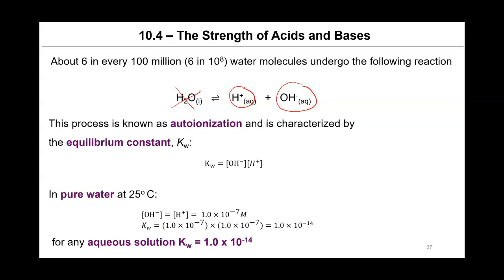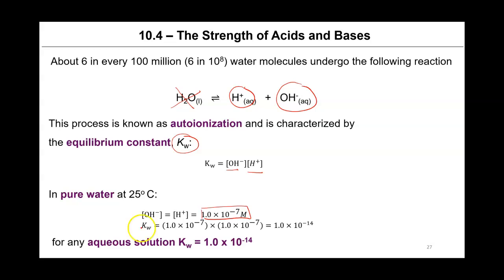The autoionization constant of water, the equilibrium constant describing this process, is normally called Kw, and so Kw will equal the hydroxide ion concentration multiplied by the hydrogen ion concentration. Now in pure water, the hydroxide ion concentration and the hydrogen ion concentration are equal, and both are found to be 1 by 10 to the minus 7 moles per liter.